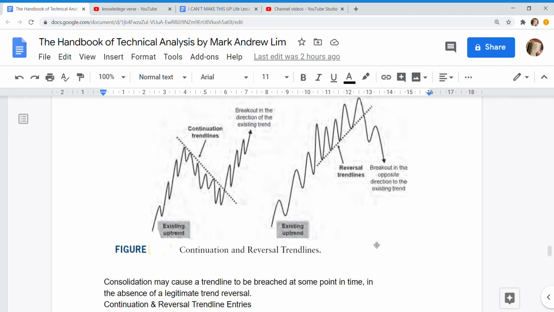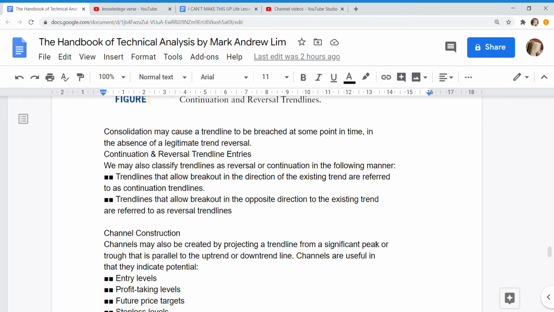Consolidation may cause a trend line to be breached at some point in time, in the absence of a legitimate trend reversal. Continuation and reversal trend line entries.